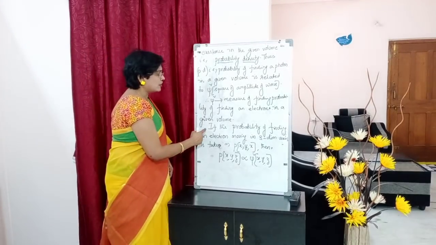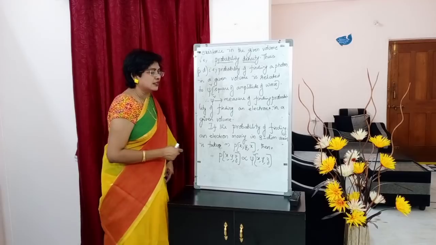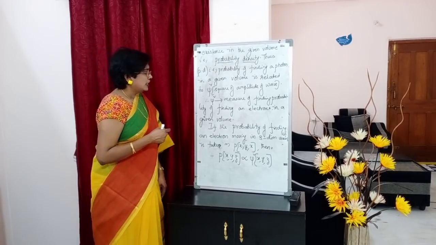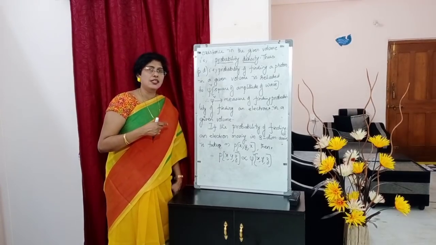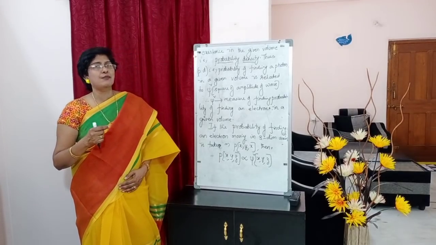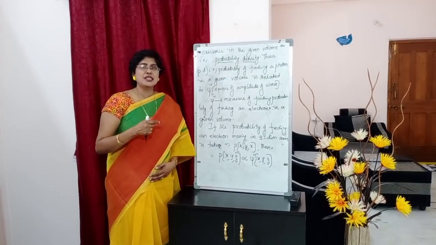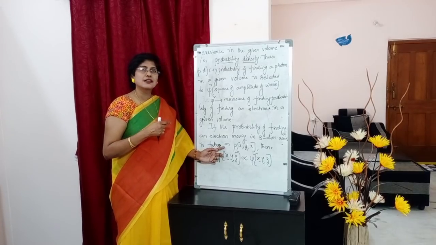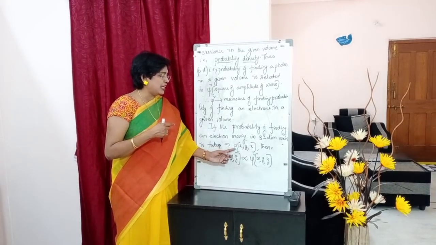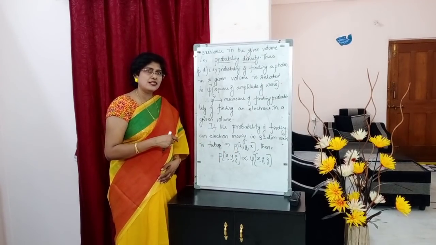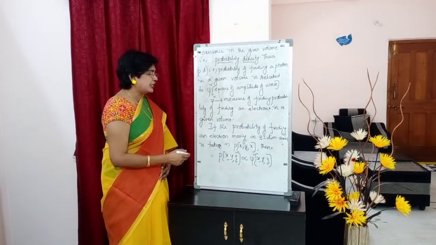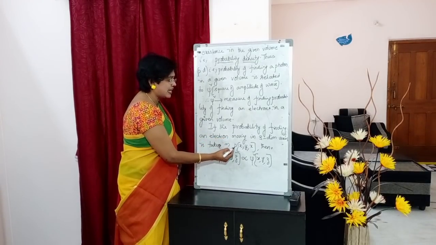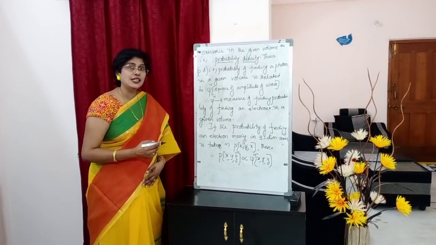Okay. So if the probability of finding an electron moving along 3 axes, or you can mention it as moving in 3-dimensional axis, that is x, y, z, is taken as P of x, y, z. Try to understand this sentence. This is P, not rho, okay?